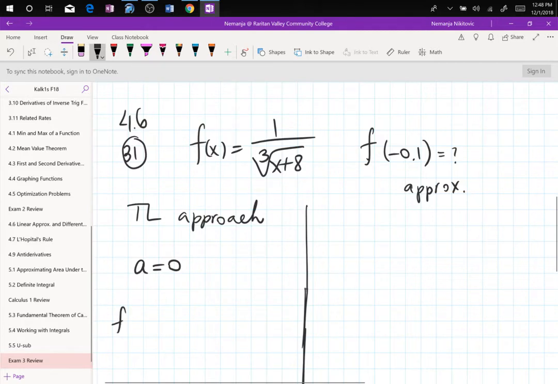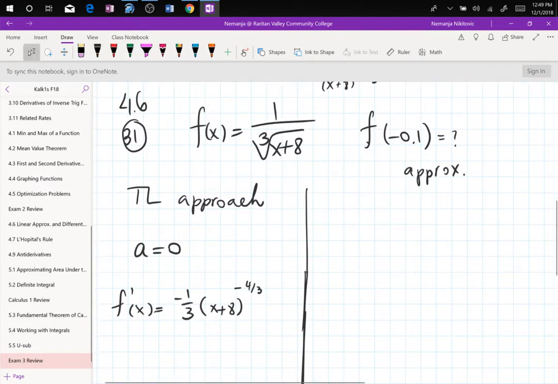Now we have to take the first derivative of the formula. Now I'm going to write this formula as x plus 8 raised to the negative 1/3, so it's easier to take the derivative. Negative 1/3 times x plus 8 to the negative 4/3. So that's my derivative.